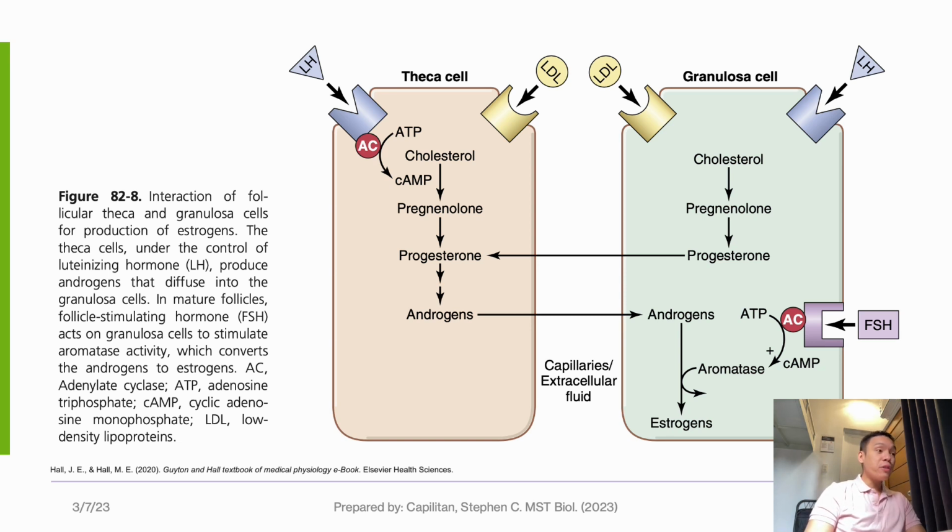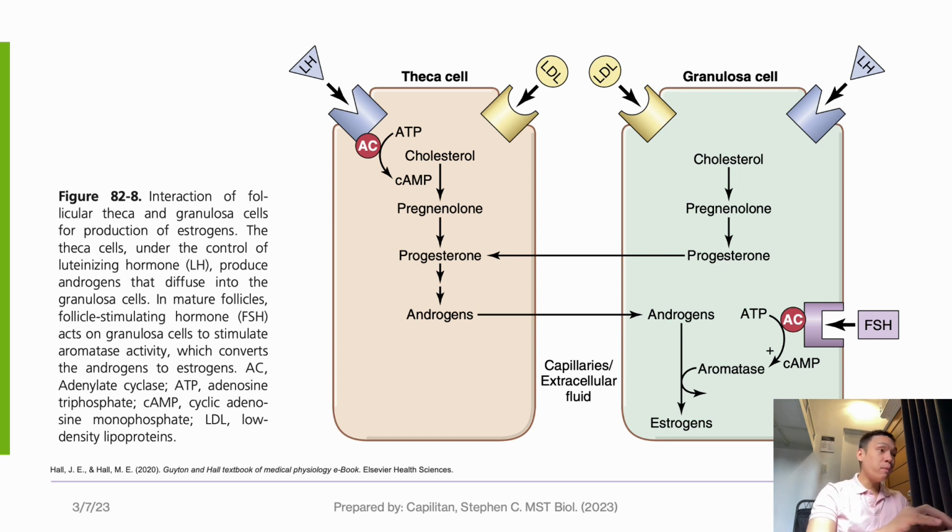And in these mature follicles, the follicle stimulating hormone acts on the granulosa cells to stimulate the aromatase activity, which converts the androgens to estrogens. AC, adenylate cyclase; ATP, adenosine triphosphate; cAMP, the cyclic adenosine monophosphate; and LDL, which is the low density lipoprotein.